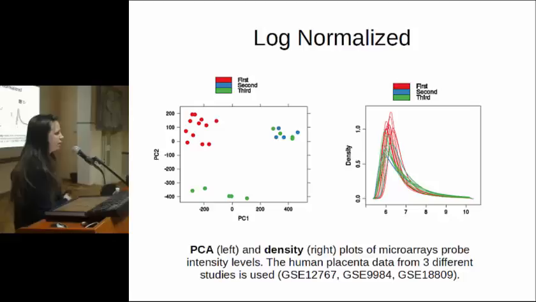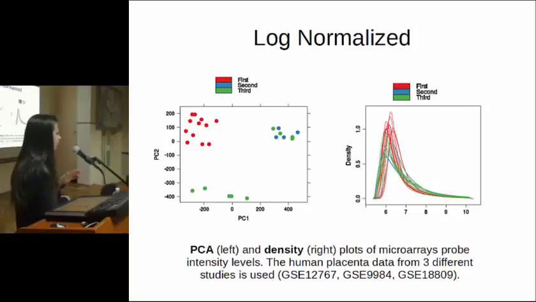It's not something private. And on the left, you see a principal component analysis plot where each dot represents one sample. So actually, per one sample, you will have something like 19,000 genes. But you cannot easily plot that. So there is a special technique which reduces the dimensionality of data, so you can easily plot your samples on a 2-dimensional scale. And this data is from a placenta study.